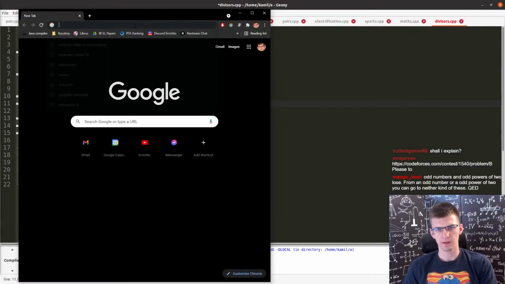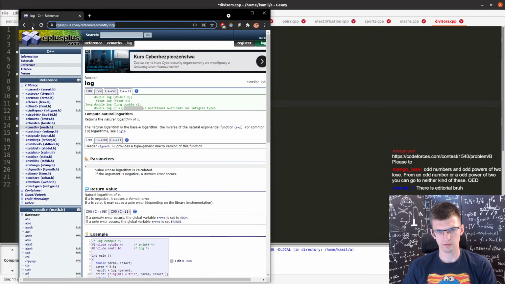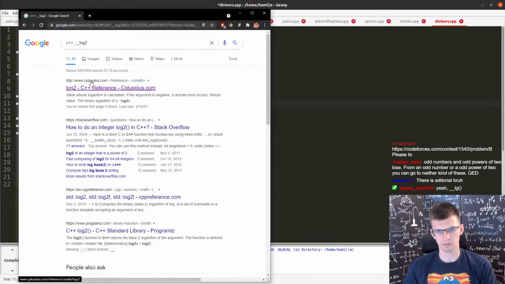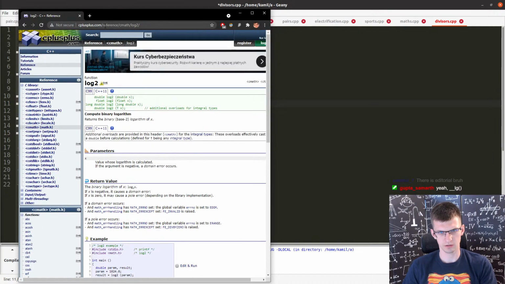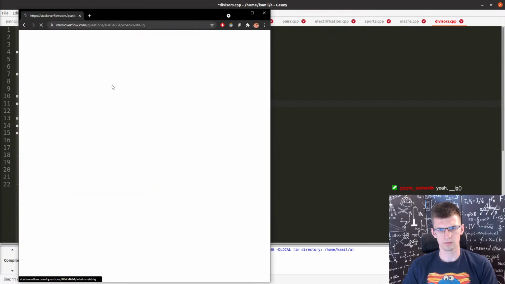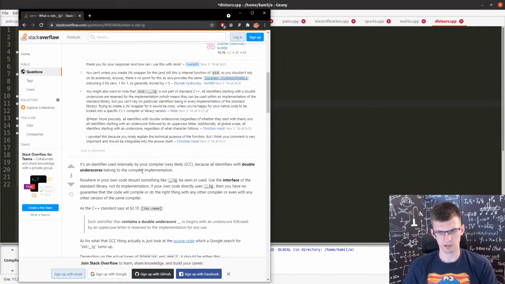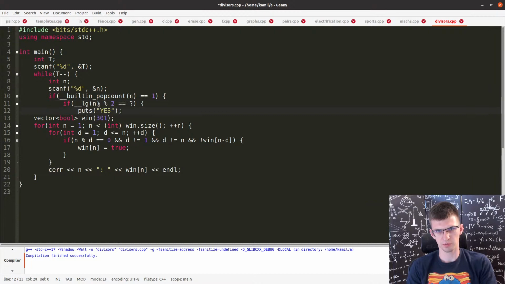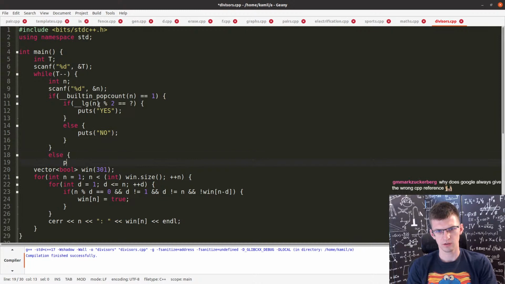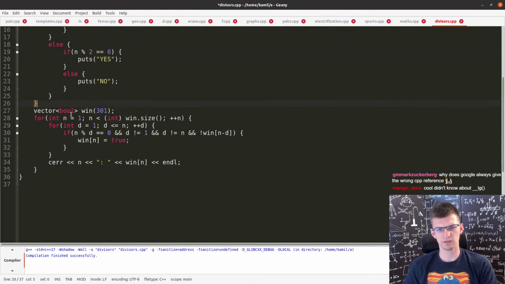C++ log, and it works on integers. In some case we print yes, else print no, and else check modulo 2. I should have made this into a function, it would be nicer.